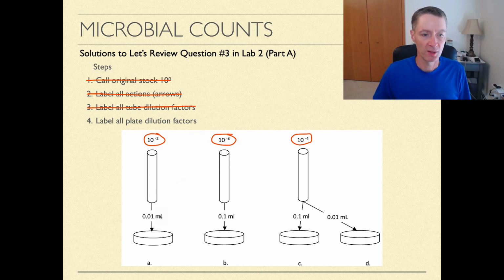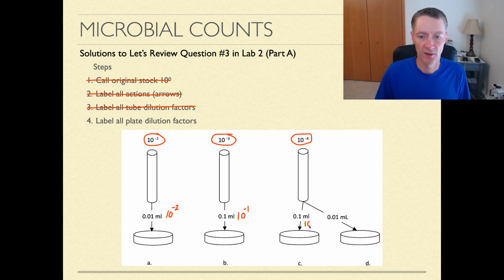All right, so we need to label some actions here. Some of the actions here would be 0.01. That's the same as 1 over 100 or 10 to the negative 2. Next one, we have a 10 to the negative 1 action.